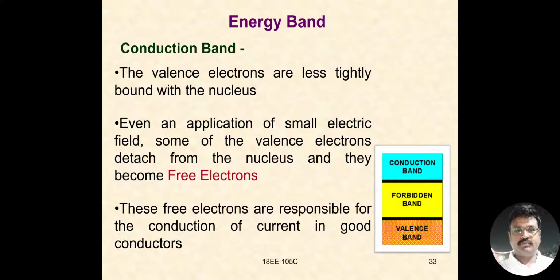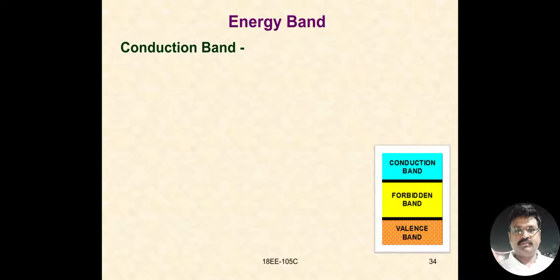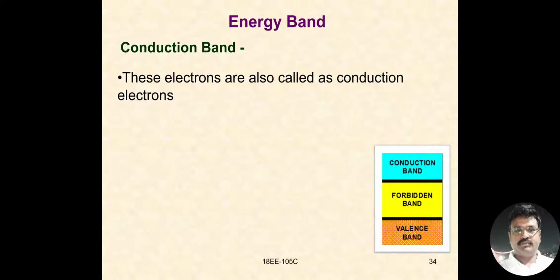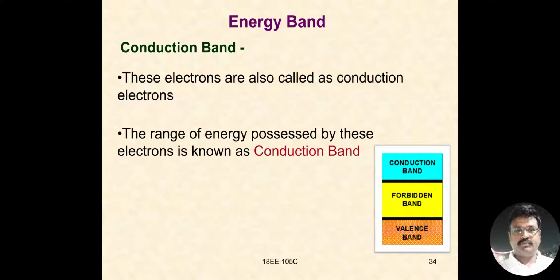These free electrons are responsible for the conduction of current in good conductors. These electrons are also called conduction electrons. The range of energy possessed by these electrons is known as conduction band.